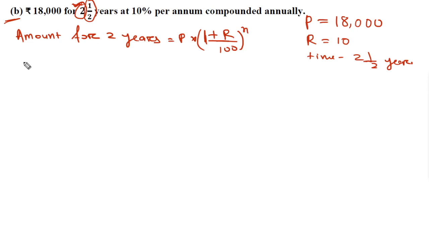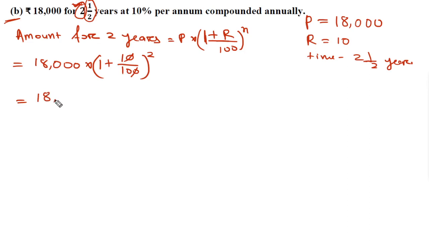So it will be equal to P is 18,000 into 1 plus R is 10 by 100 to the power n, 2. So it will be equal to, now you can cancel 0 here, 1 plus 1 by 10, so it will be 11 by 10.